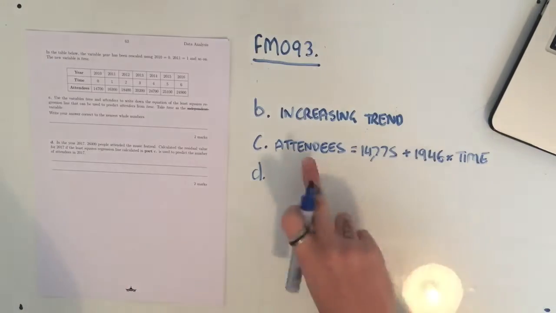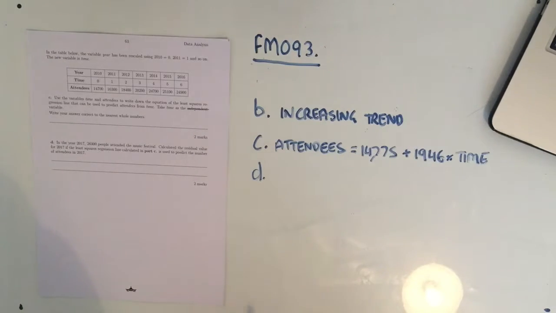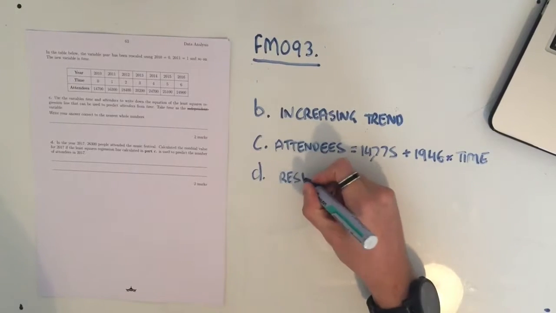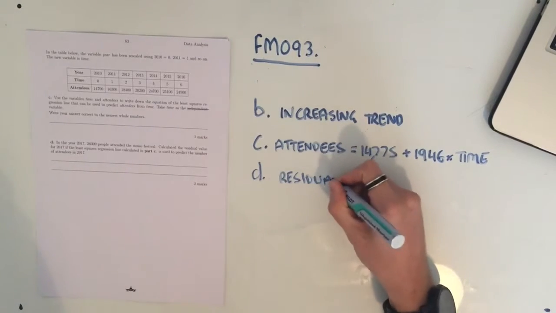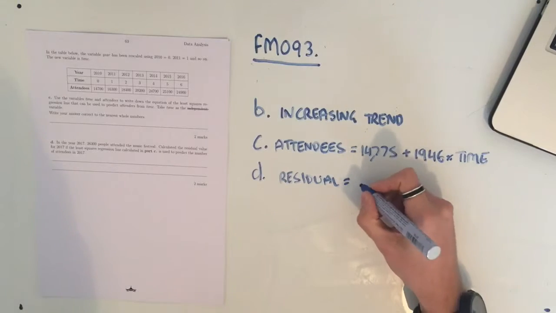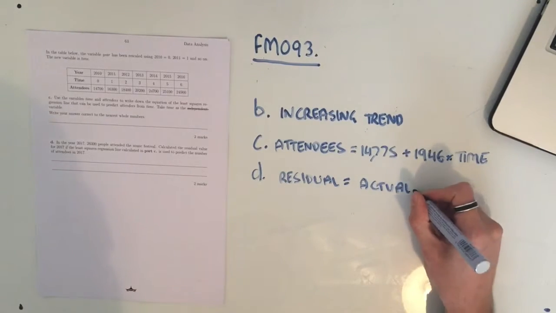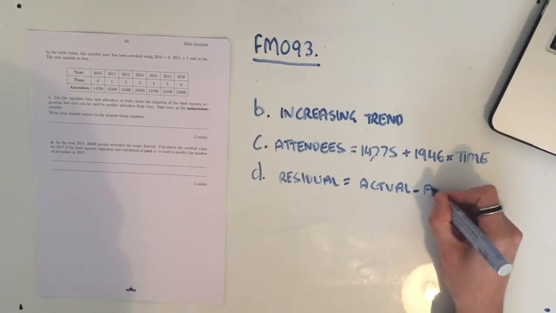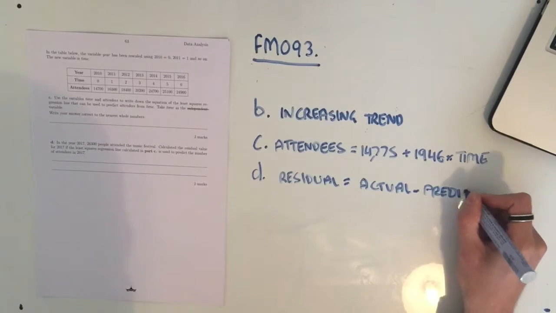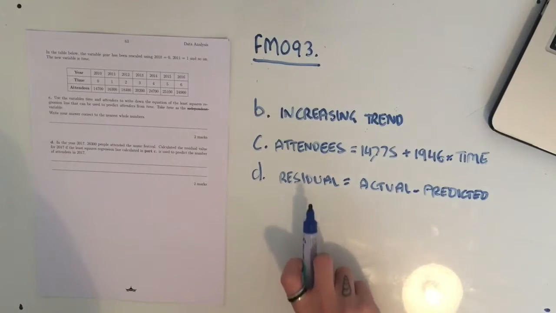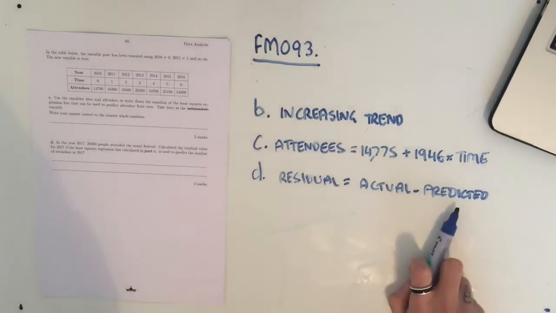We need to use this regression line to predict how many would come in 2017, and then find the residual value. Residual value is equal to actual value minus predicted value. We've got our actual value, we need to find the predicted value.